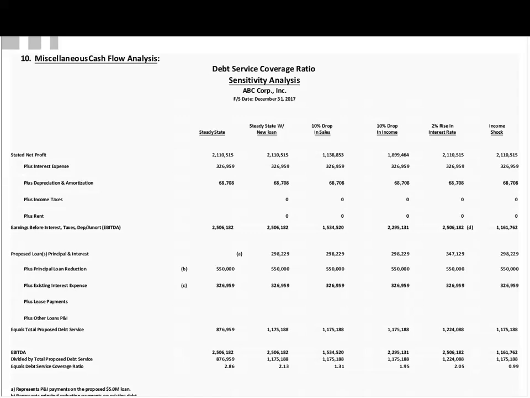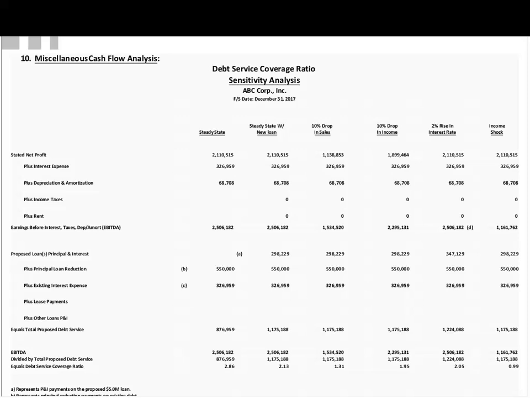Steady state is the first column. It's basically the company just by itself. Look down below, if you would, and you'll see the 2.86 coverage. Look to the next column, the steady state with the new loan request.